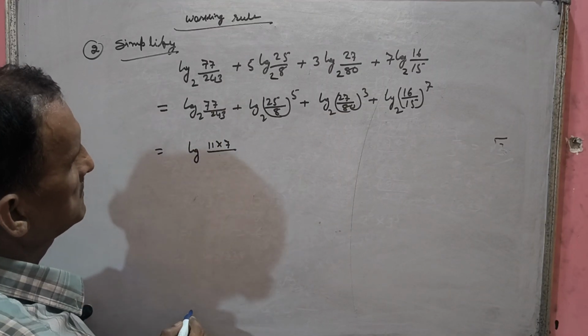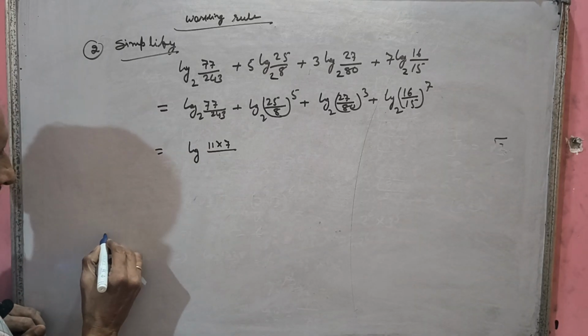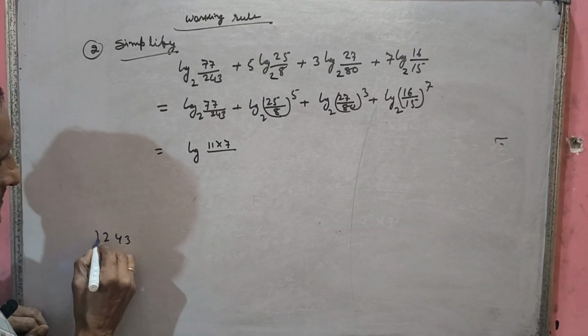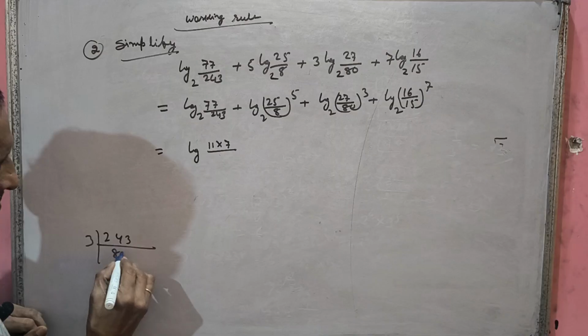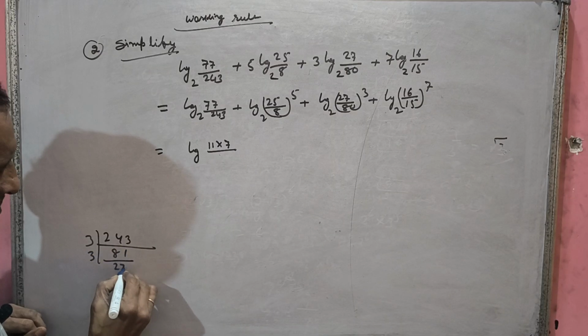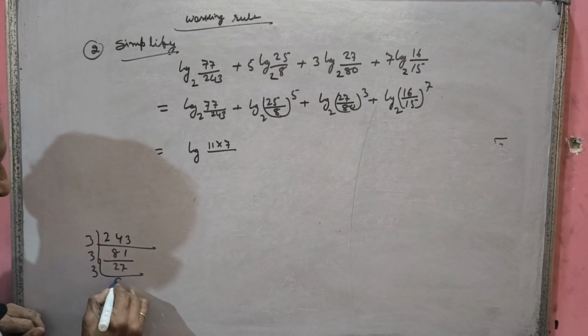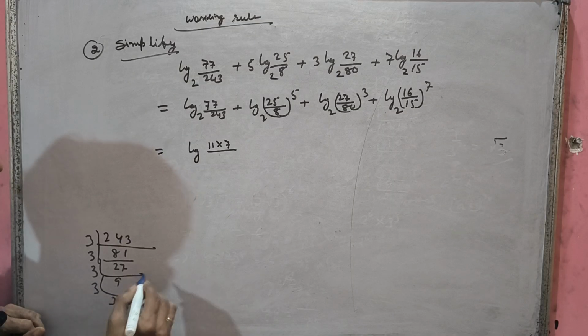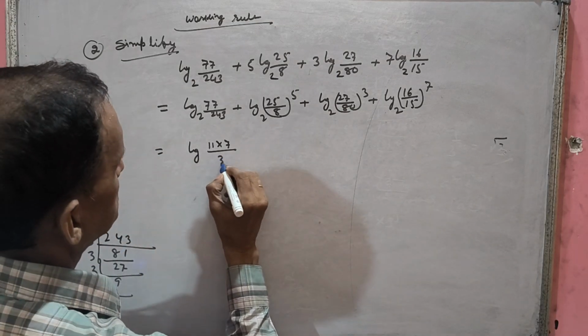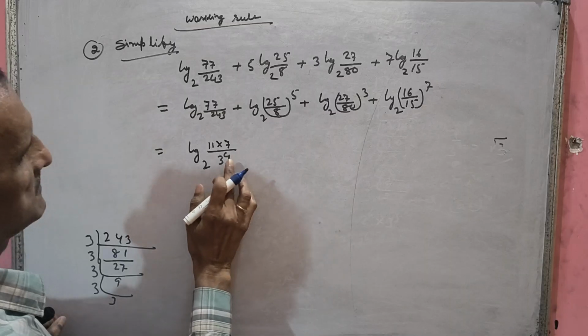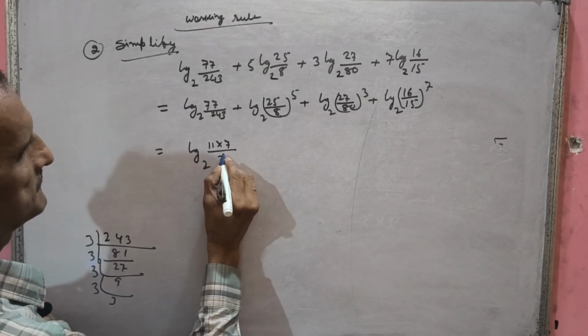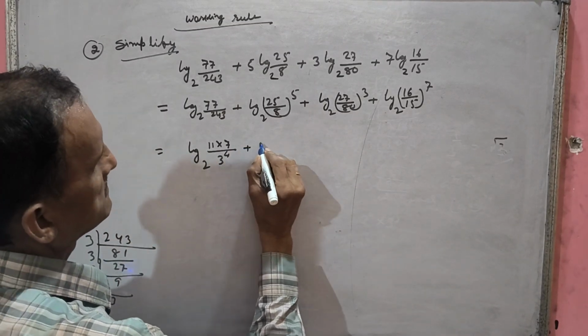By 2, what is 243 equal to? 243, you have the prime factor: 3 8 ja, 3 1 ja, 3 27 ja, 3 9 ja, 3 3 ja, 3 to the power 4. Base 2 still you are writing, 3 to the power 4, plus log.